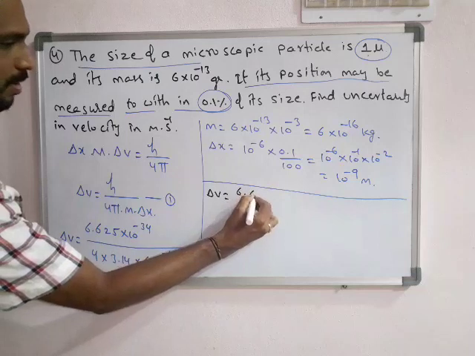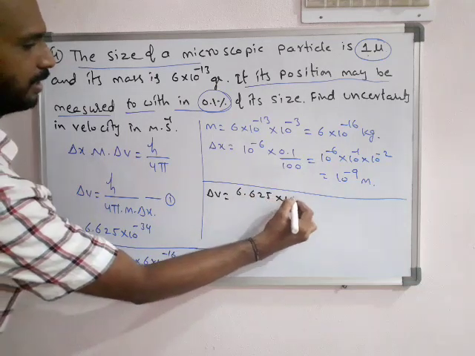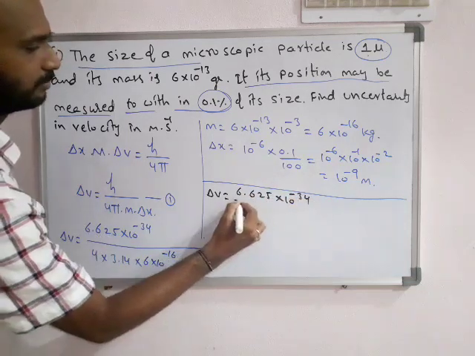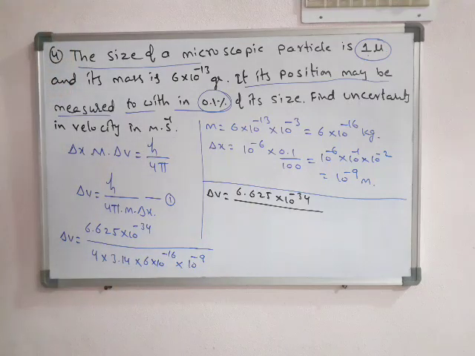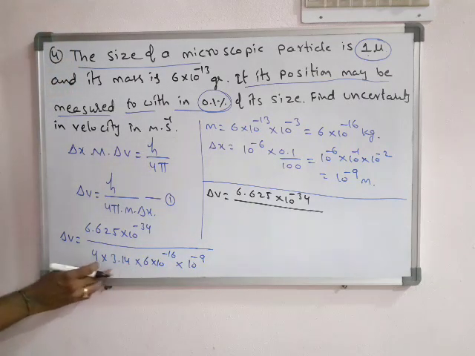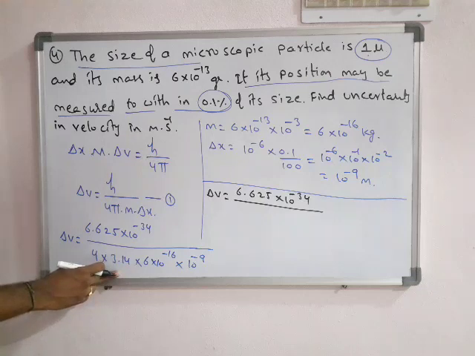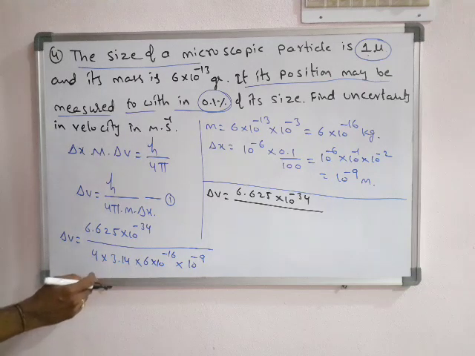6.625 into 10 power minus 34 by, here 12.56 into 6.